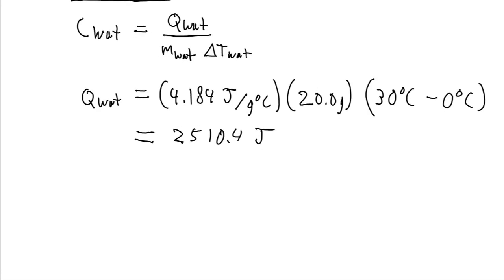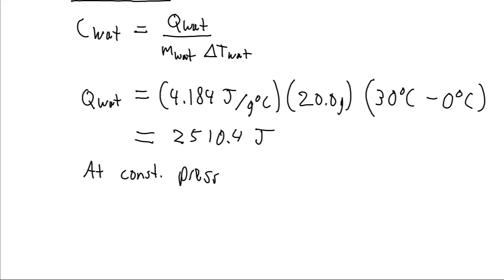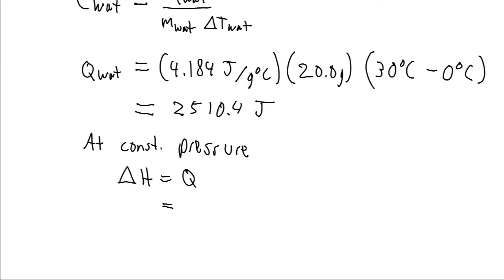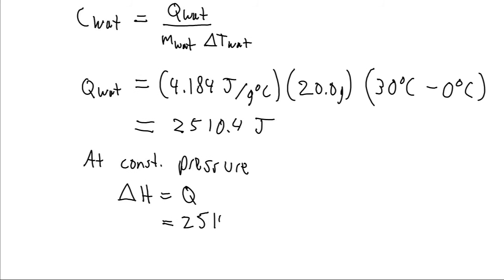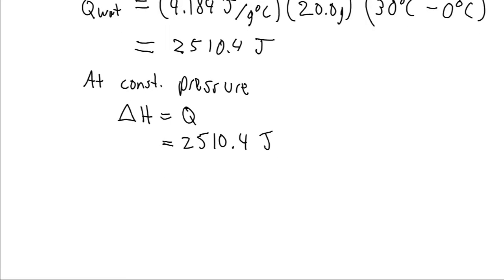And as long as we are at constant pressure, then we have that the enthalpy change is also equal to the amount of heat added to our system, which is again 2,510.4 joules. Now the very last step is that we need to add all of those enthalpies together.